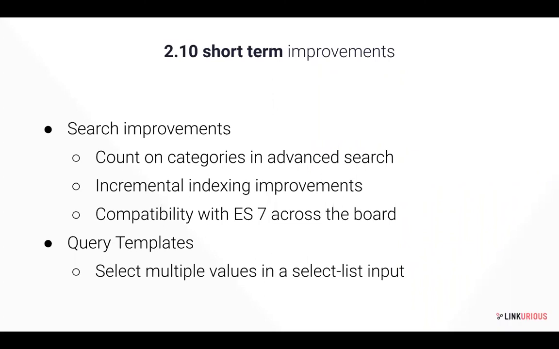What we are going to add now is a count next to these category names, telling you how many results in the search are of each category, helping you explore and understand your data and filter adequately. We'll also keep improving incremental indexing.